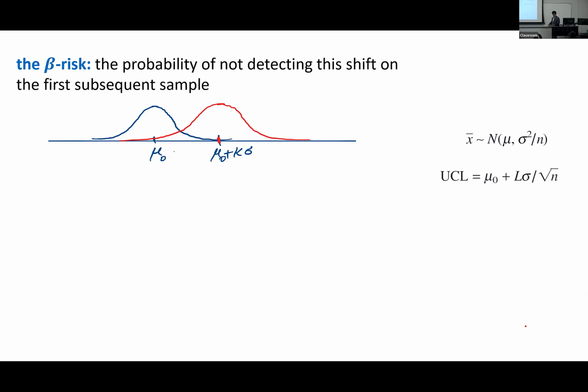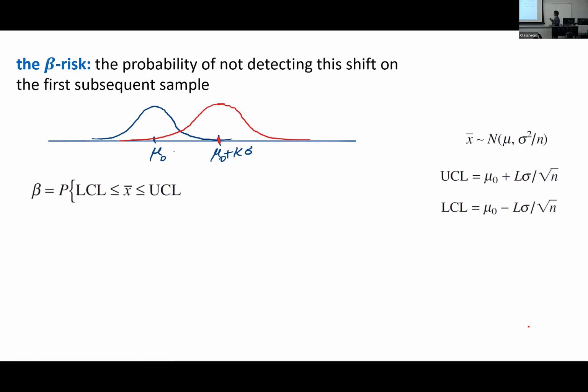We know from what we've learned before that UCL, upper control limit, we just calculated that. It's mu naught plus L, which was 3 in our example in the previous slide, and sigma of the averages, which is sigma over square root of n. And LCL is just that minus L, sigma over square root of n.